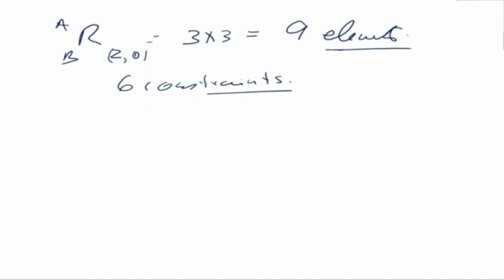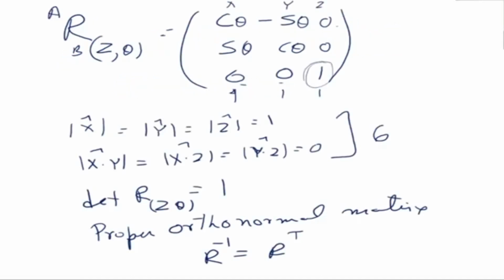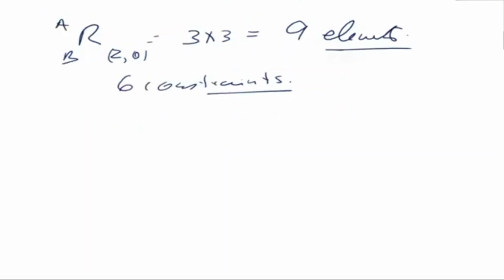There is some relation between them. The relation is these 6 equations: the mod of each of the columns is equal to 1, and the dot products are equal to 0. So if we take that into account, then the number of independent parameters you need is 9 minus 6, which is equal to 3 parameters.